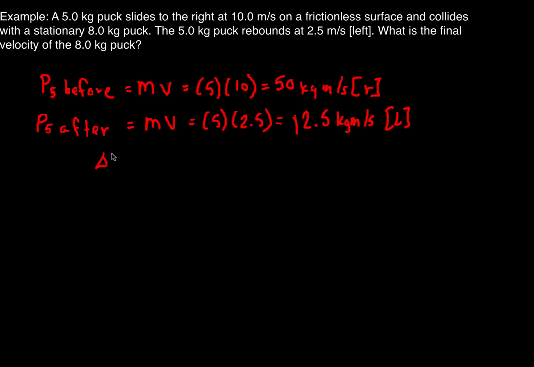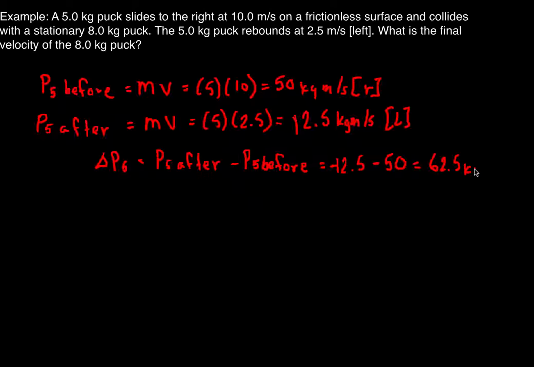The change in momentum for the 5 kilogram puck would be the momentum of the 5 kilogram puck after minus the momentum of the 5 kilogram puck before, which is 12.5 negative because it's left, minus 50 positive because it's right, is 62.5 kilogram meters per second negative, which means left.